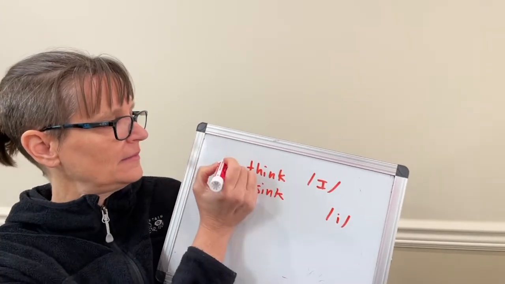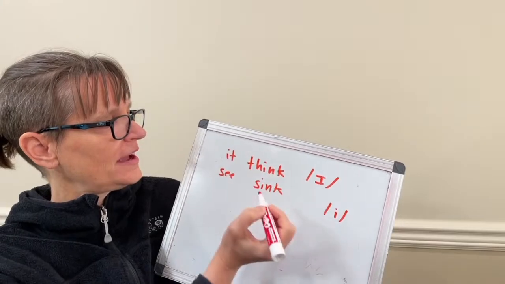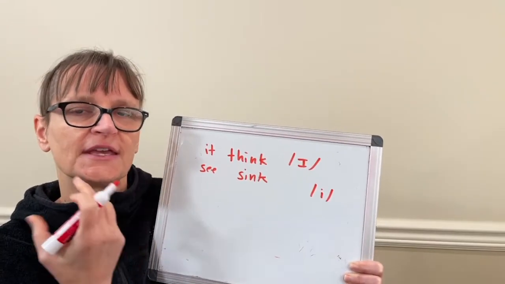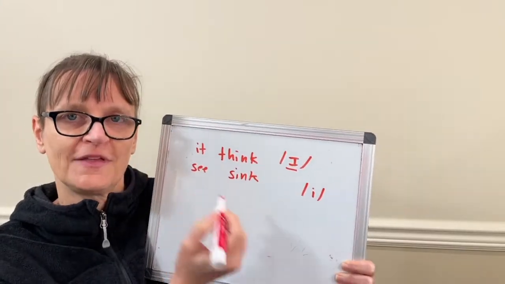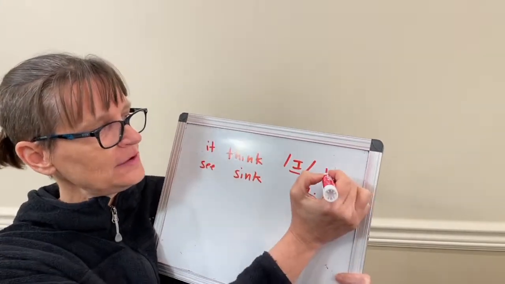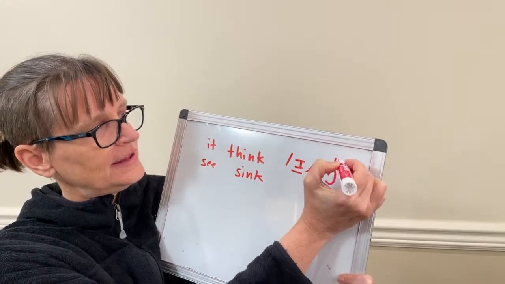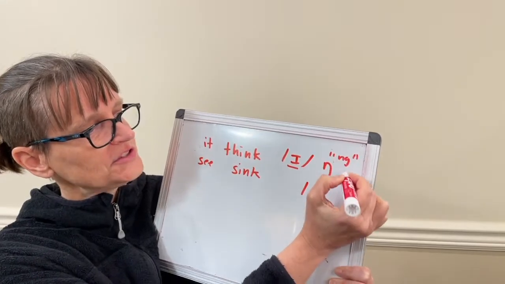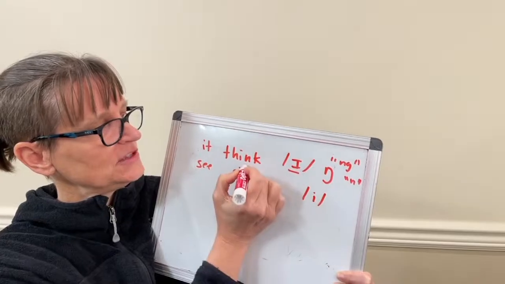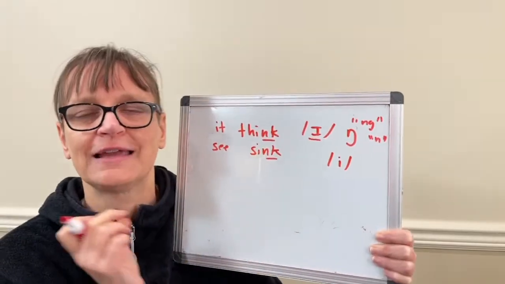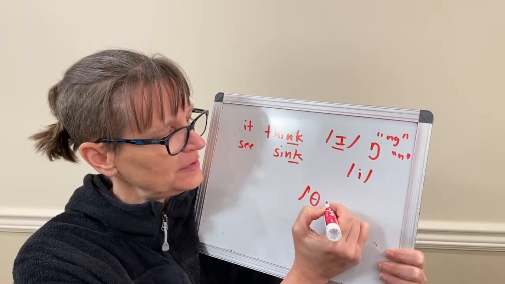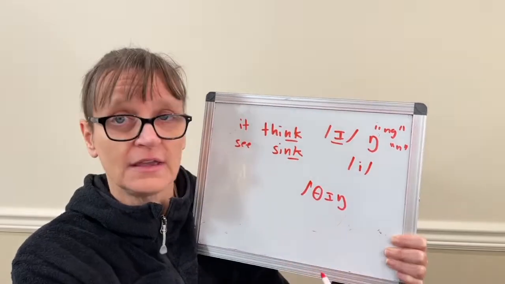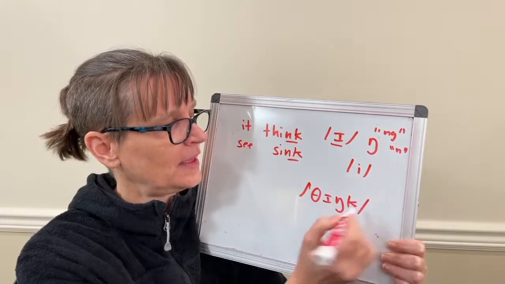So try it, think. It is an I sound, but what you're hearing is that when the I sound is followed by an NG, also if it's followed by an N, but in these words, these have a ng and a k sound. So for think, for example, you'd see the I, the ng, and the k.